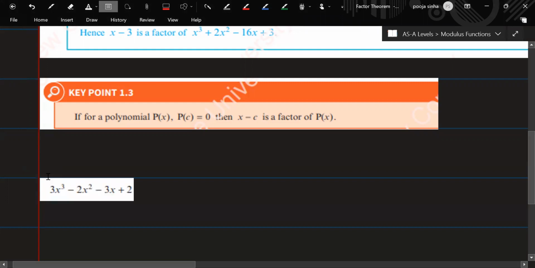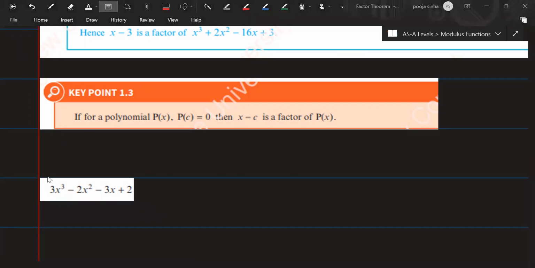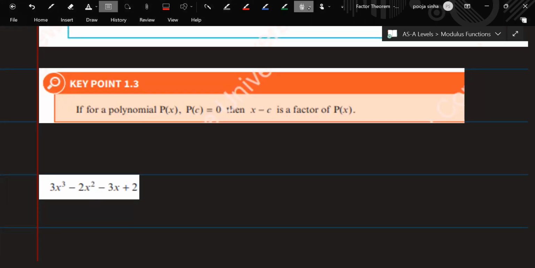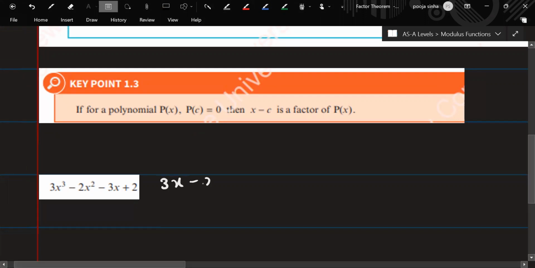And you have to tell me if 3x minus 2 is a factor of this. Do we have to show this with the factor theorem, or do we have to do it entirely?